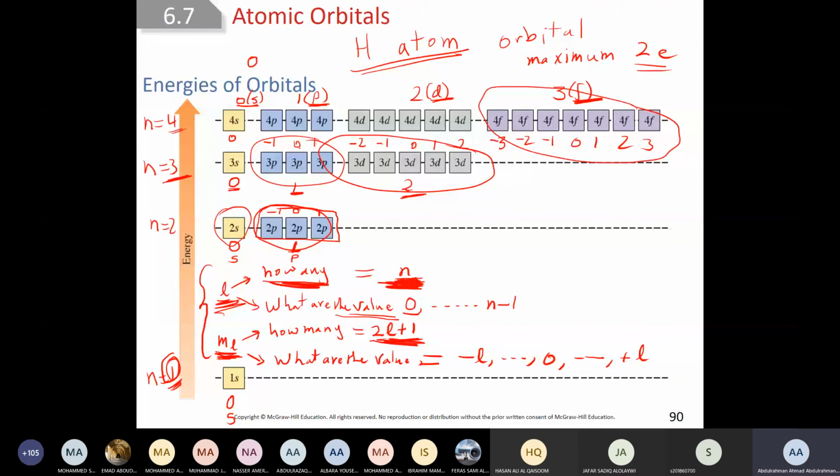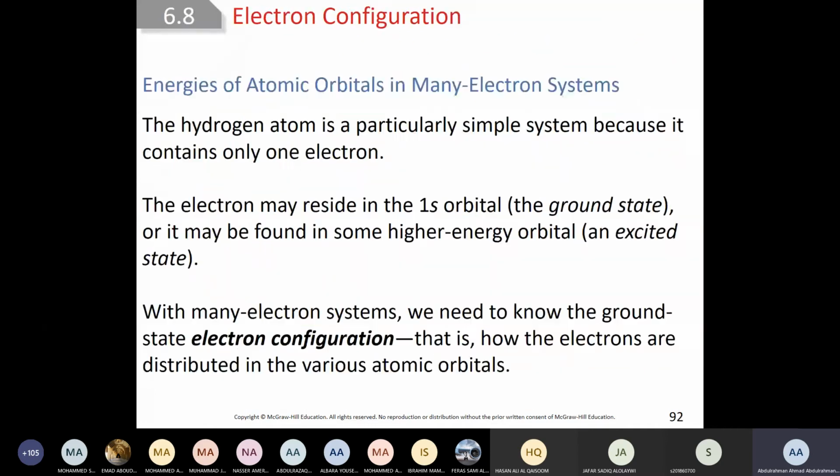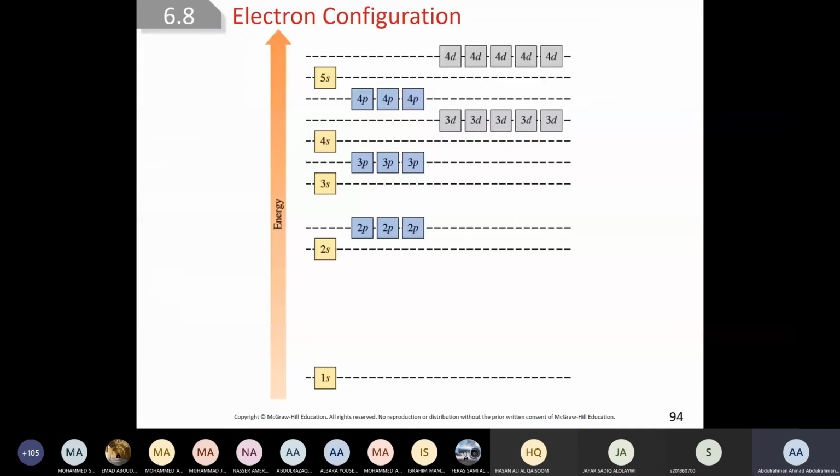Is this clear? Now, these orbitals are for the hydrogen atom only, and all the energies of these orbitals are the same. When n equal to 2, these are the same energy. N equal to 3, the same energy. But when you go to bigger atoms, things become different, the energy will become different, and things will be separated like this.